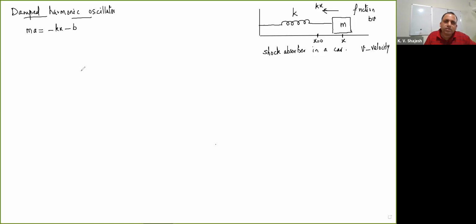So b is a coefficient of friction, right? So m is the mass, k is the spring constant, and b is the coefficient of friction.